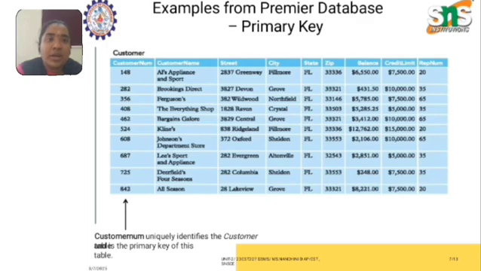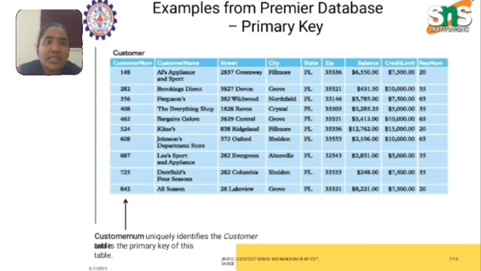So we will get some confusion. Even if we go with the zip, it will cause some confusion. But if we go with the customer ID, all the 10 customer IDs are different from each other. So the customer number uniquely identifies the customer, and it is the primary key of the table.